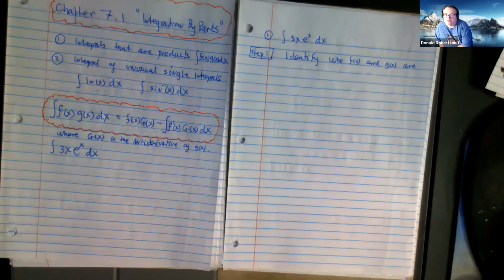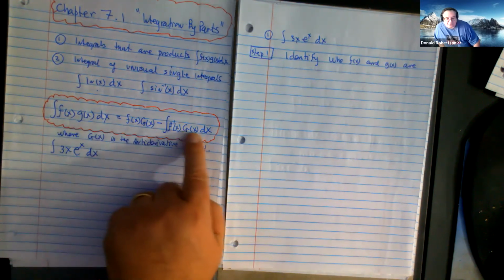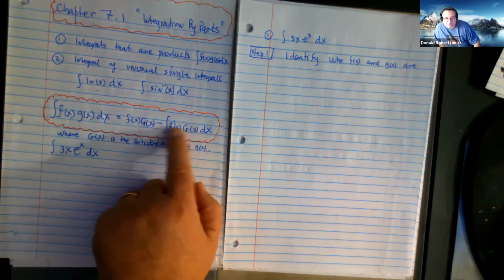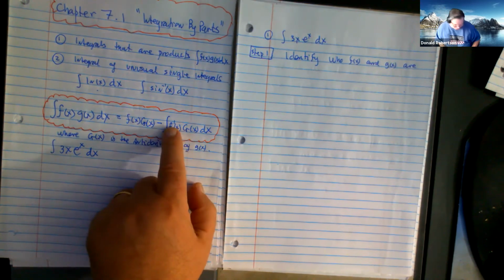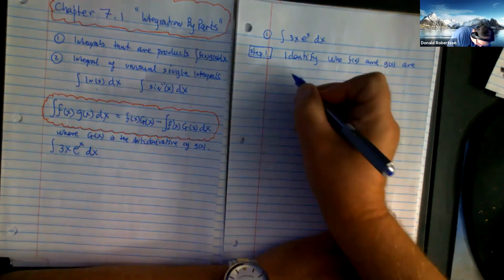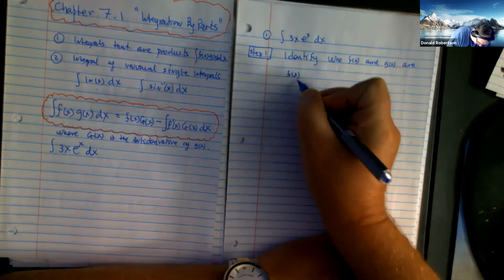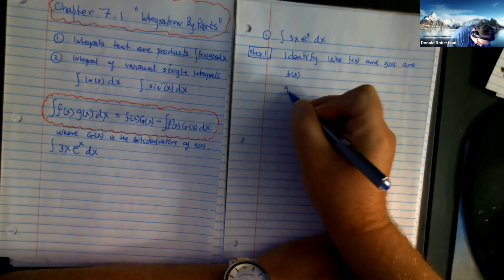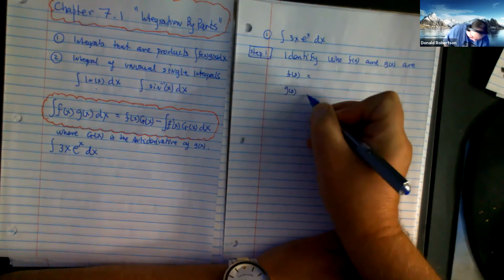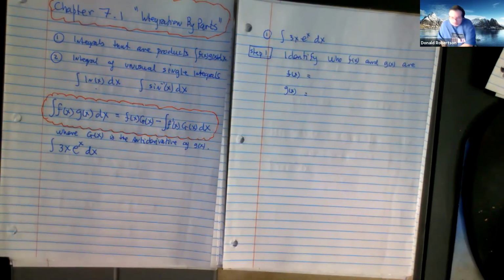Now, you might think, does it really matter? Yes, it does, in many questions. If you don't pick the right f and the right g, instead of making the answer easier, it gets worse. There are rules about how you choose f and g.